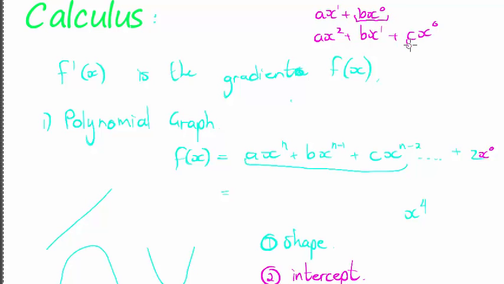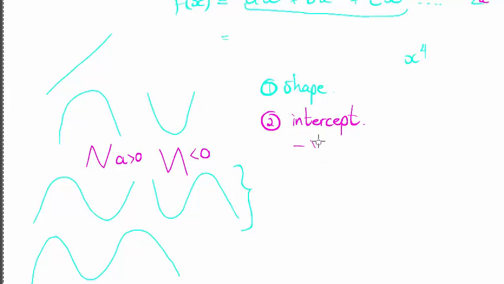This is the only term that remains when I make x equal to 0, in other words, when I'm finding the y-intercept. In all graphs, to find the y-intercept, I just make x 0. But for polynomial graphs, it's nice because it's always that very last term, the one that doesn't have an x. When I make x 0, all the other terms fall away and it's the only one left standing.